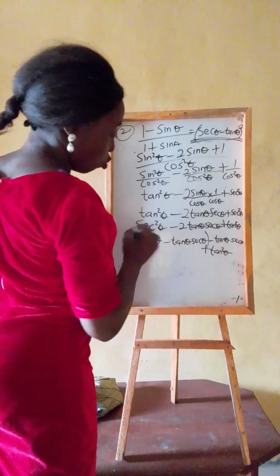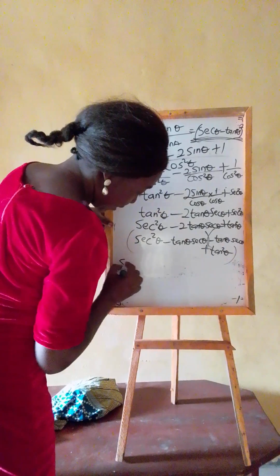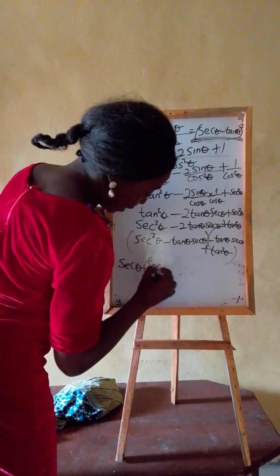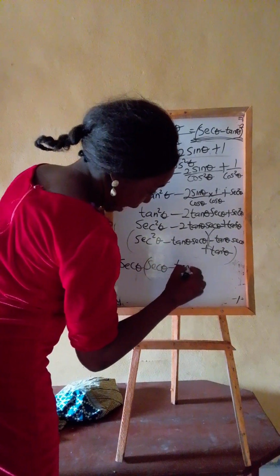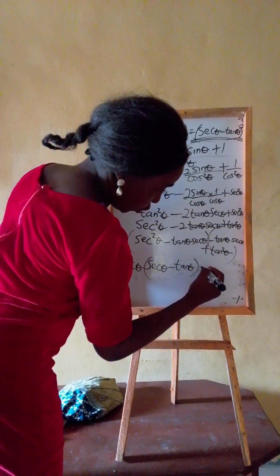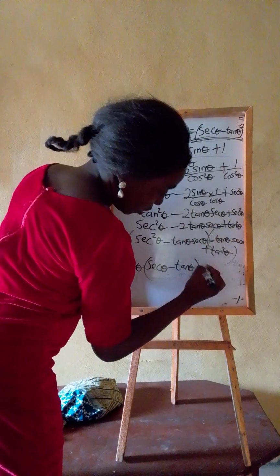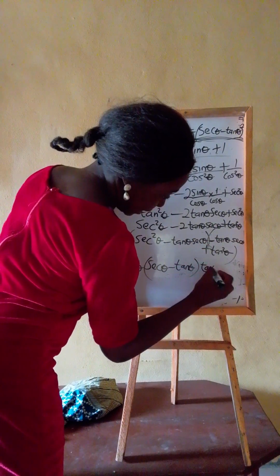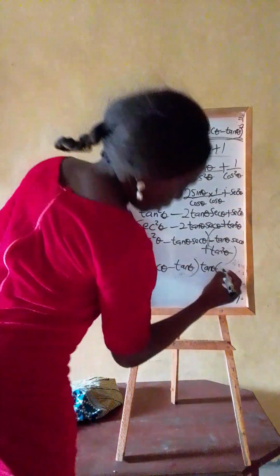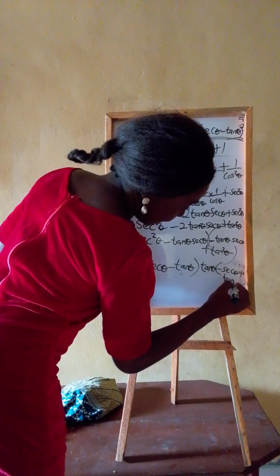So you do it in two ways. Sec theta is common, so we have sec theta into bracket sec theta minus tan theta. Here tan theta is common, so we have tan theta into brackets minus sec theta plus tan theta.